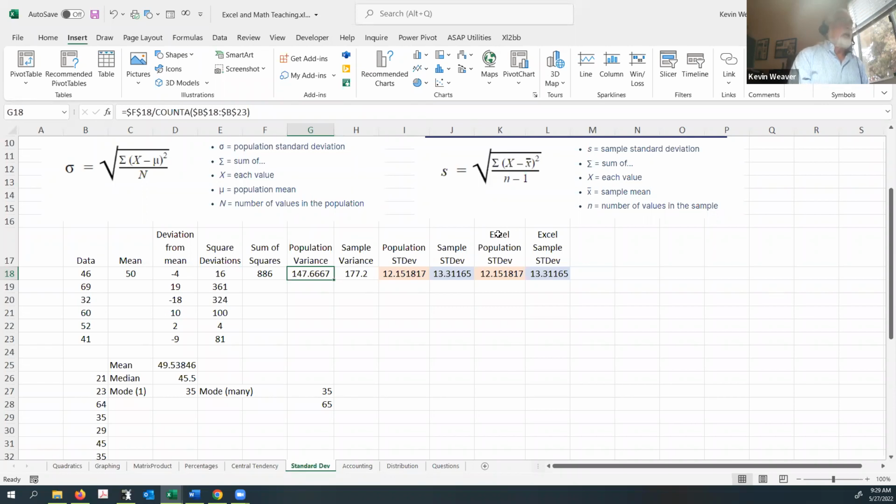That counts how many values in the range are numbers. If it is the population, I'm dividing by n. If it's the sample, I'm dividing by n minus 1.